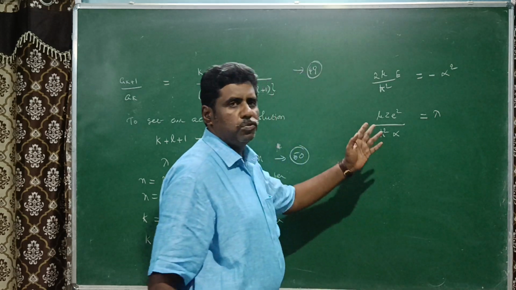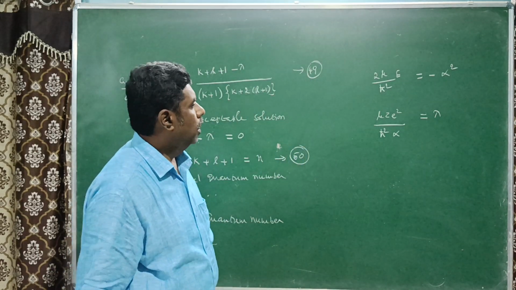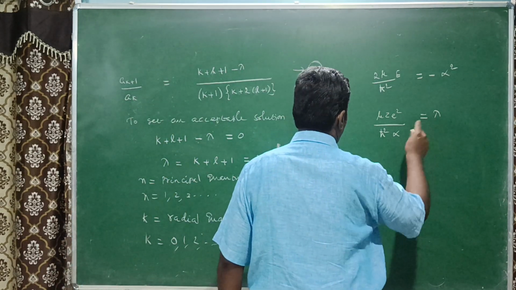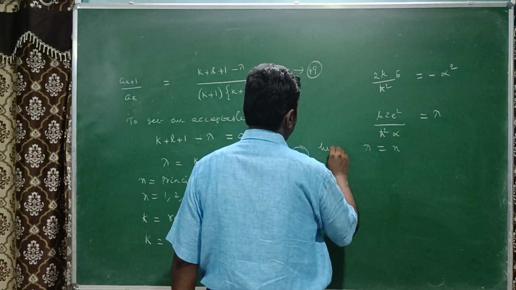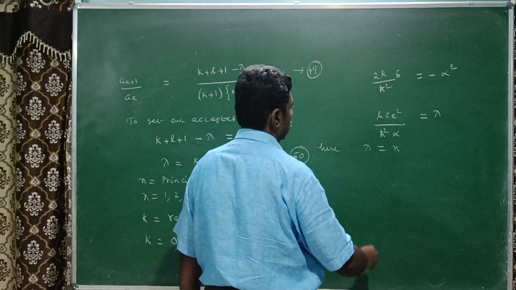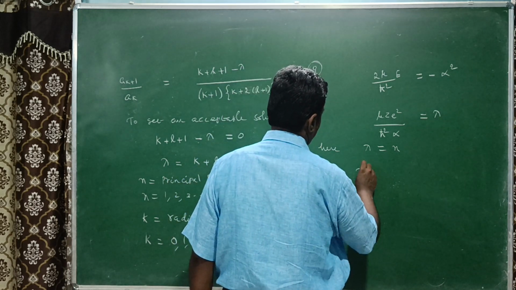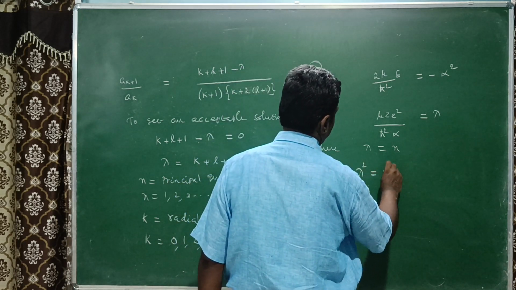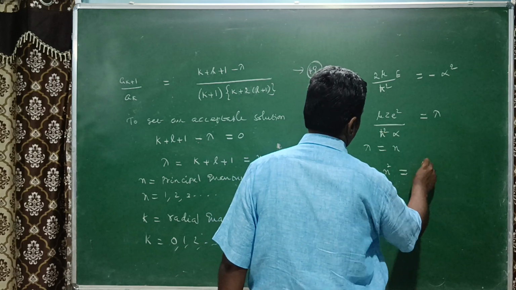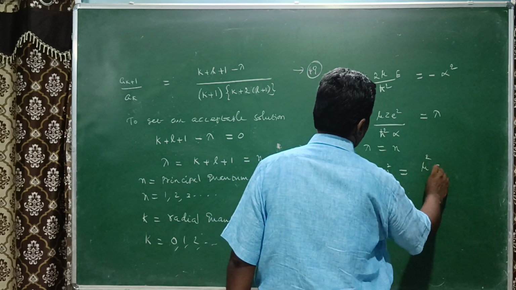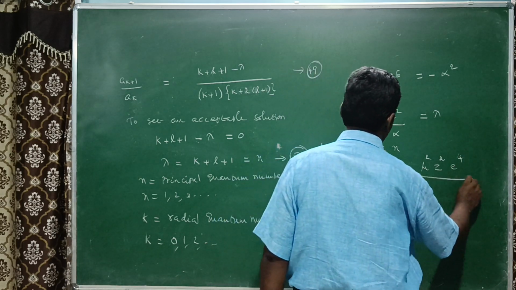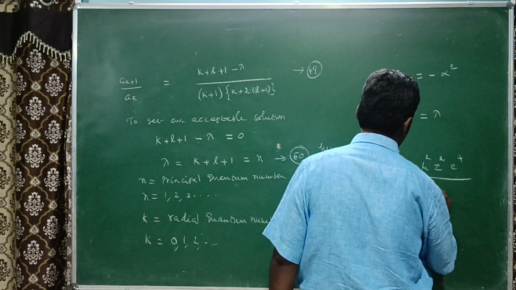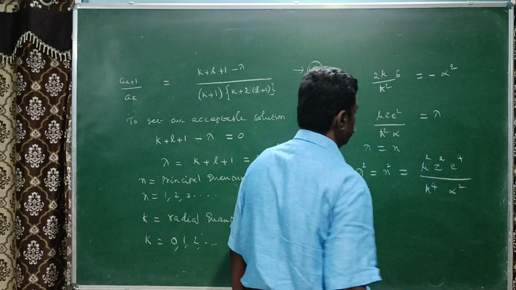These are all the substitutions we are given. Now lambda equal to n. Then lambda square equal to n square equal to mu square z square e power 4 divided by h cross power 4 alpha square.